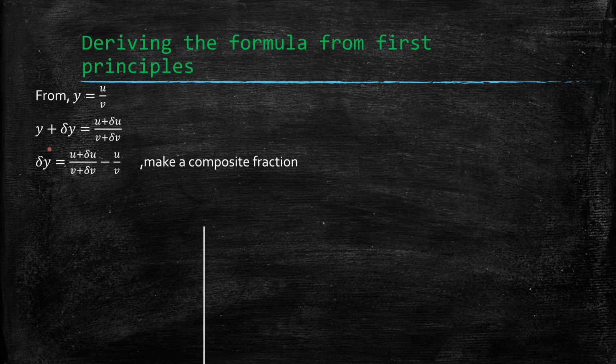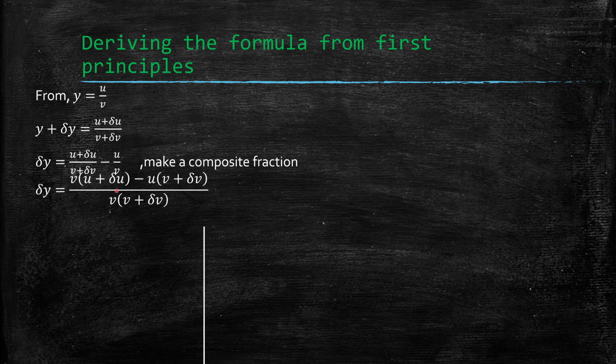Afterwards, we are going to make small change in y the subject, and it's going to become u plus small change in u over v plus small change in v, minus u over v, because this u over v is the y that we have taken across signs and it is being represented like this. Then we are going to make it one composite fraction by combining it.